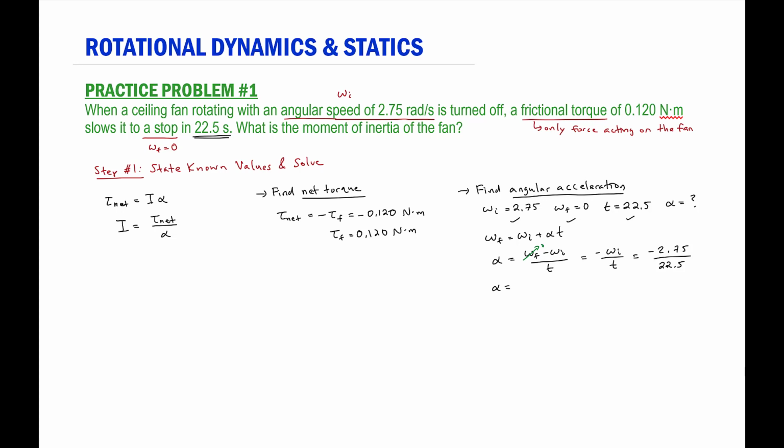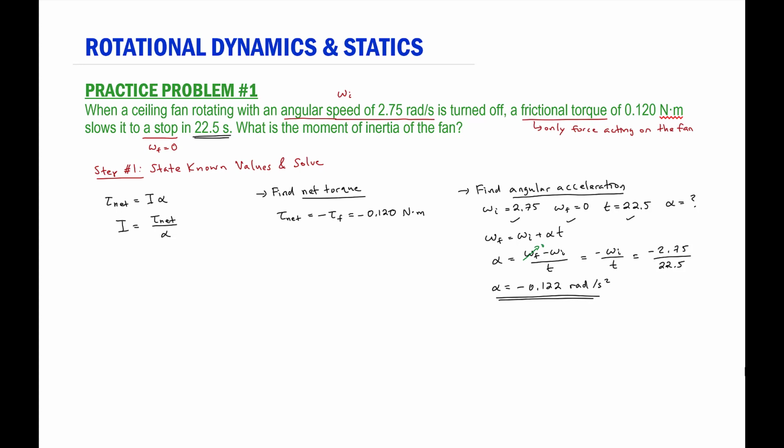We punch this into the calculator and we get negative 0.122, and this is in units of radians per second squared. So I now have my angular acceleration, and be careful here, we do need the net torque, so we're not looking for the value of frictional torque.